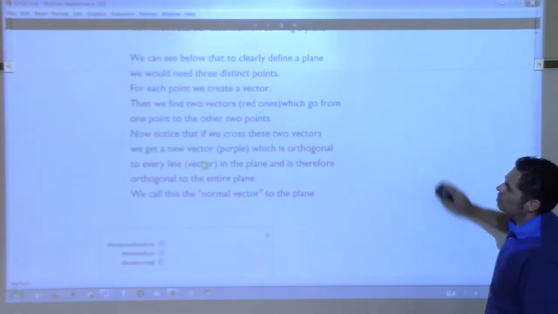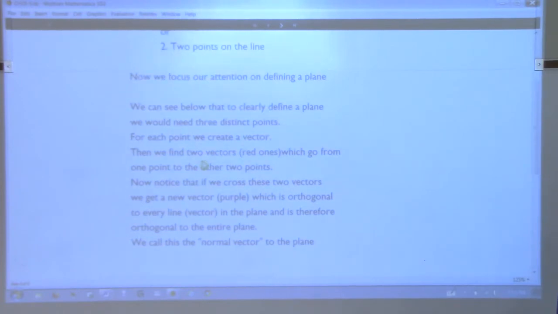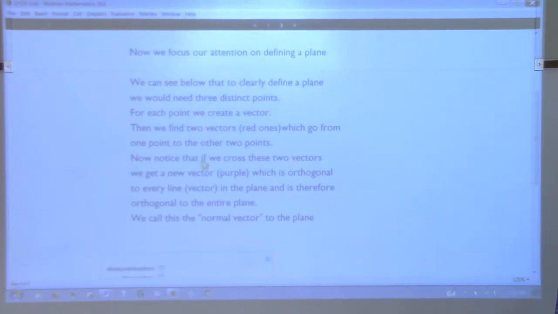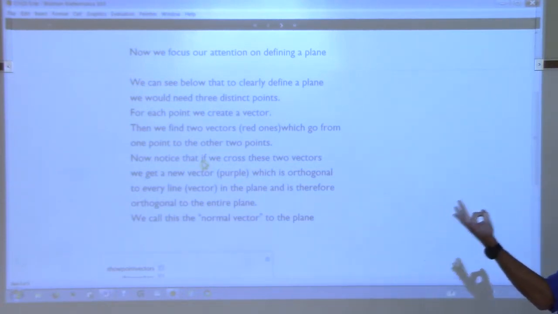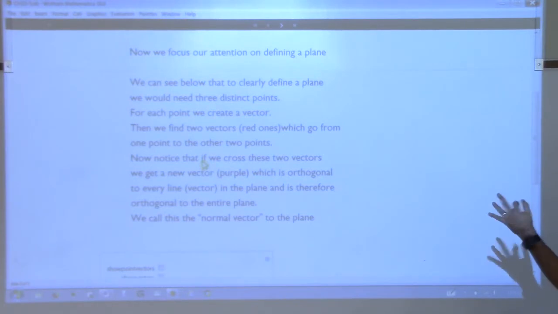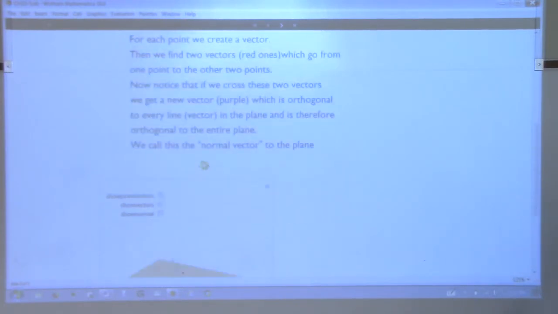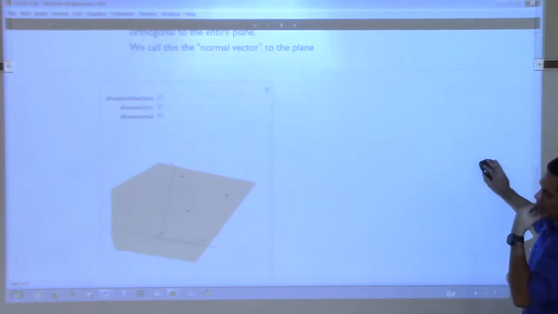Now, we can see below, to clearly define a plane, we need 3 points. Now, what we're going to do with those points, just follow me through here, is we are going to take any 2 points and create vectors.